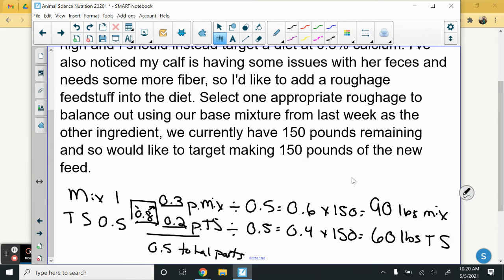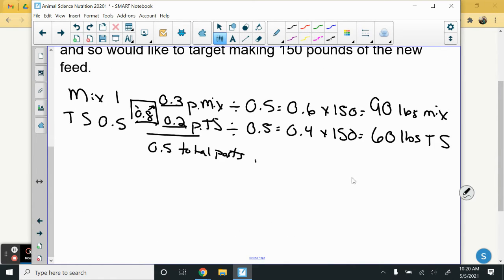There is one last step that we want to do, which is figure out, of the 90 pounds of mix I have, how much of that is each ingredient. So if I want to figure out my whole recipe, I already know that I have 60 pounds of Timothy silage.